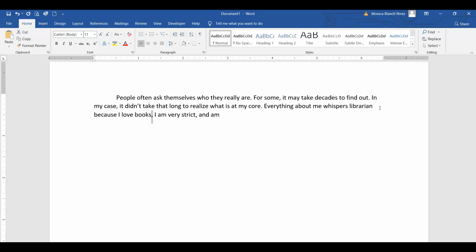I am very strict, and I'm majoring in, and I'm going to get a master's in library science. It doesn't need to be capitalized. Library science. All right. See how simple it is?